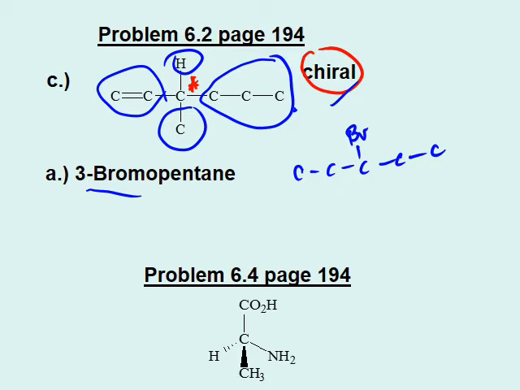Now it would be a good idea to consider what you're examining for a chirality center or not. We know that this carbon cannot be a chiral center because you have 3 hydrogens.